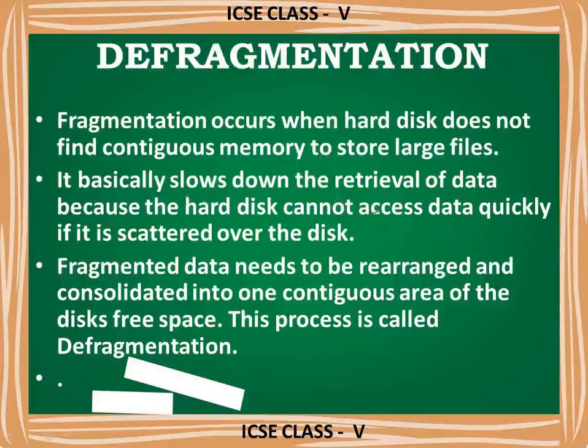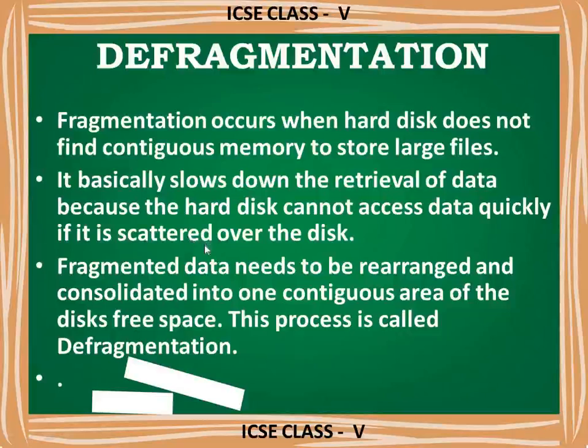It slows down the retrieval of data, because the hard disk cannot access data quickly if it is scattered over the disk. When you try to access scattered data, it takes a lot of time. That is a disadvantage.